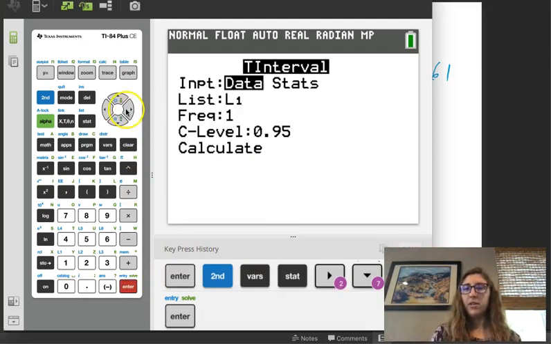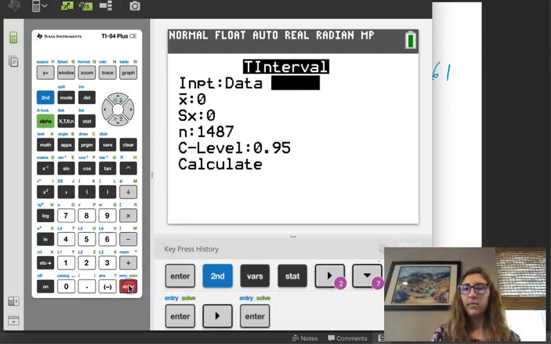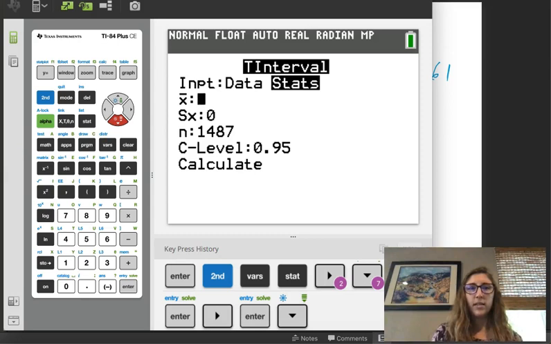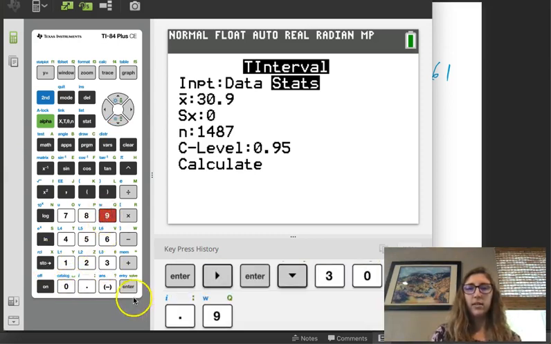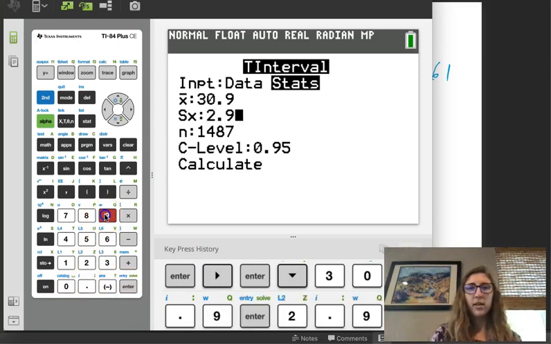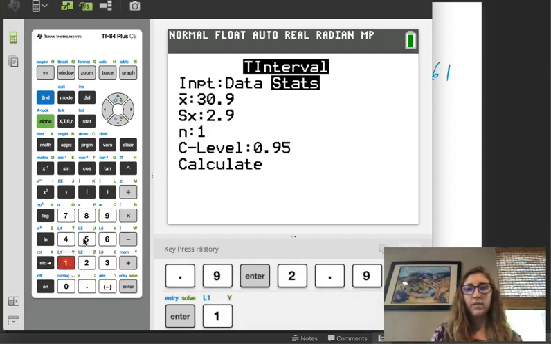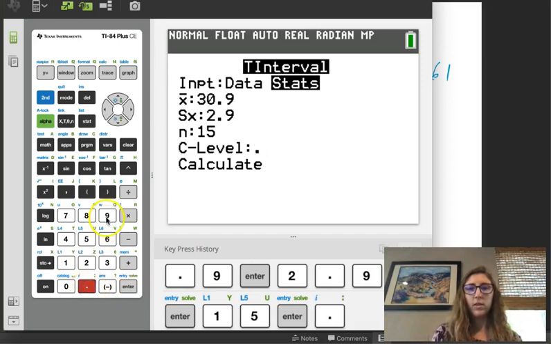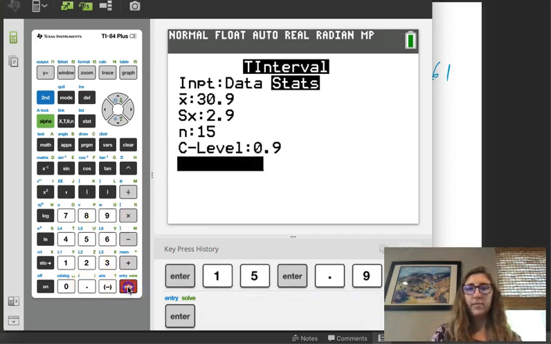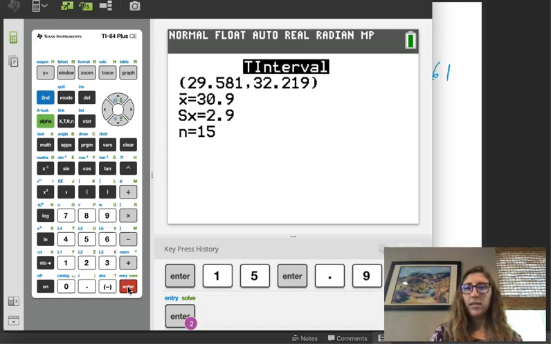All right, let's see. First, we were given the stats here. So we were told that our x bar was equal to 30.9. Our S was 2.9. Our N was 15. And our confidence level was 0.9. All right, there we go.